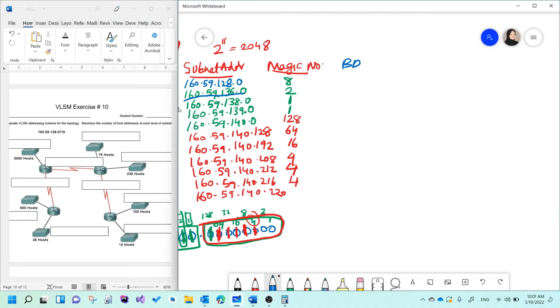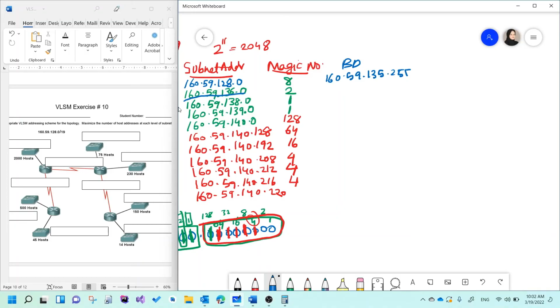So here you would write 160.59.135.255, because this is the last IP in the 135 third octet. This is the last IP you can have with 255. If you move next, it would start from 136.0.